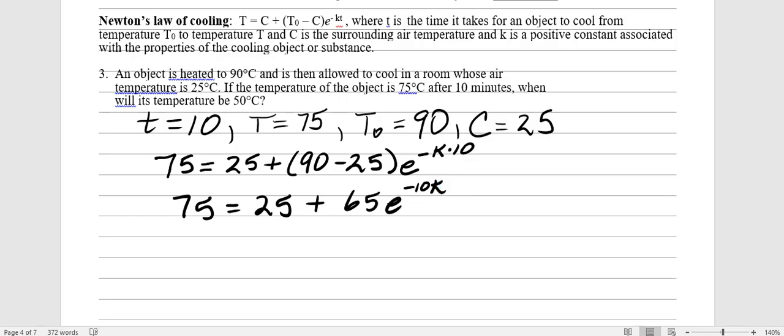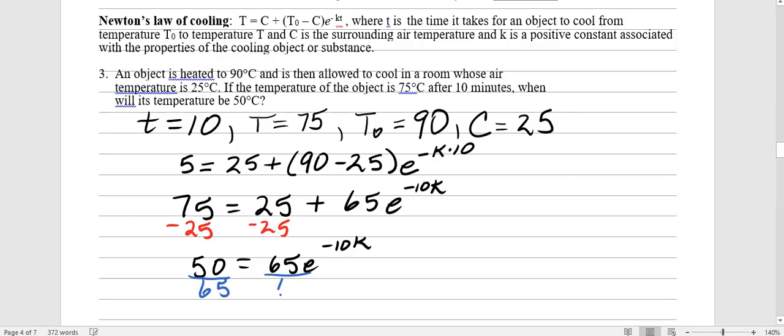And my goal is to isolate the exponential. So 50 equals 65 e to the negative 10k. Divide both sides by 65 to get that exponential isolated.